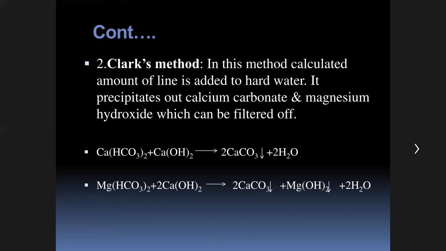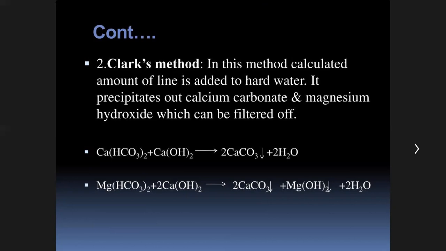So if you add lime into the water, what is lime? Lime is calcium hydroxide. In 10th class you have studied. Okay? So when you add calcium hydroxide to your calcium hydrogen carbonate and magnesium hydrogen carbonate, it dissociates or breaks the compound and forms calcium carbonate as well as water.